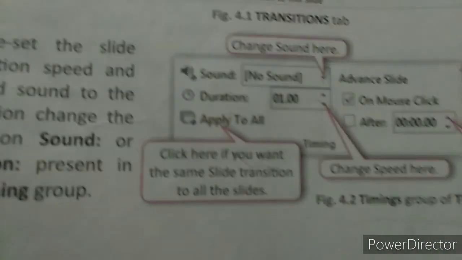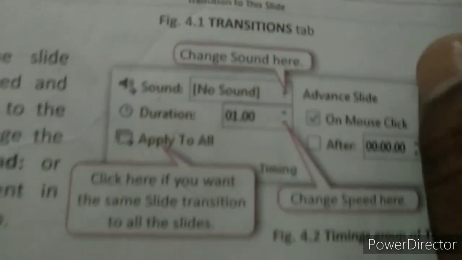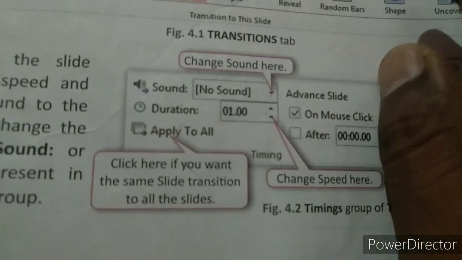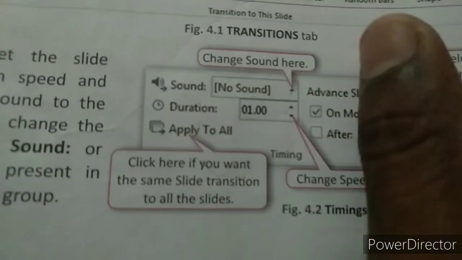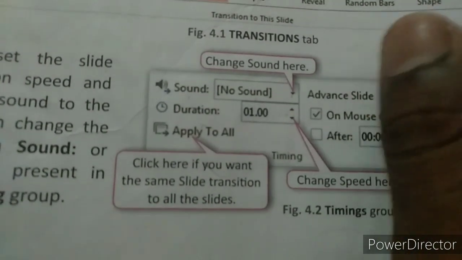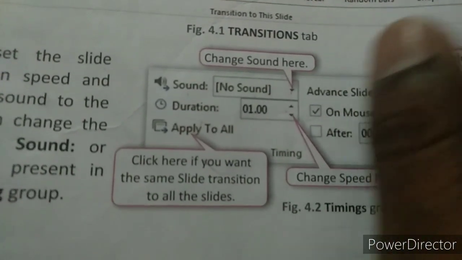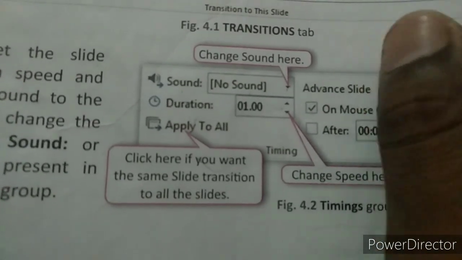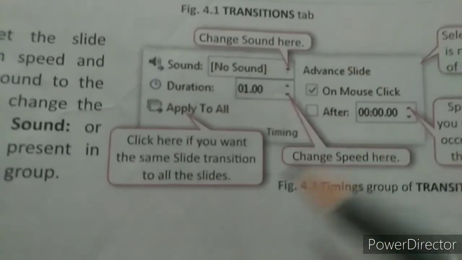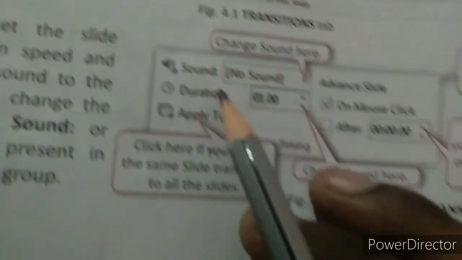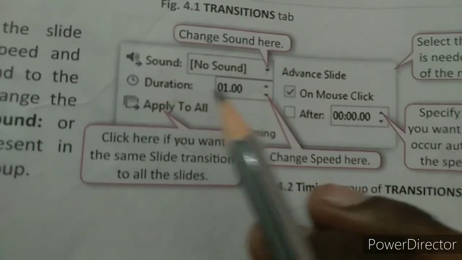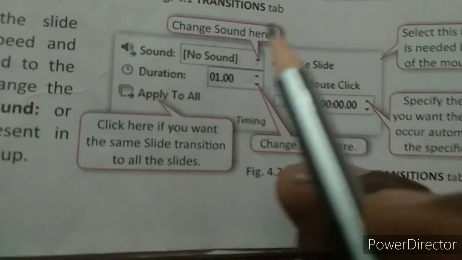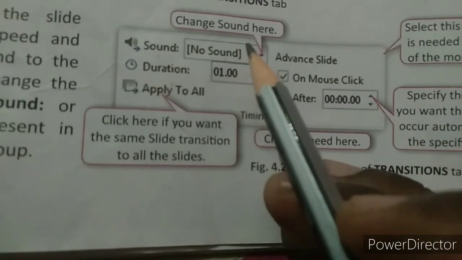It means what duration should be there between the transition of two slides. It means what should be the time gap between the transition.